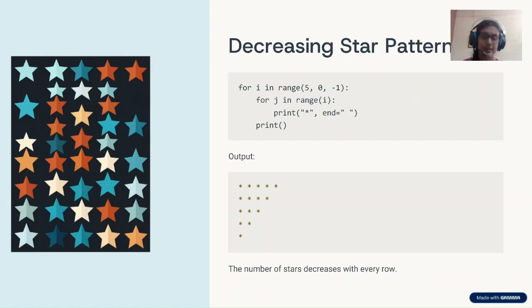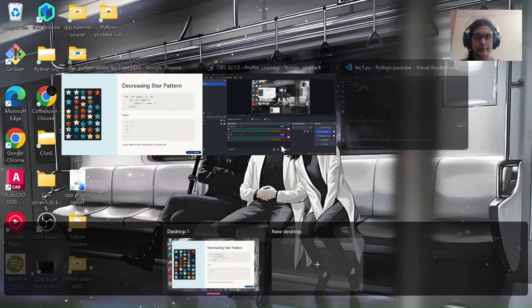From our previous lectures of range, we remember that we can use negative step as well, right? Negative step will basically decrease it, right? Our start is 5 and our stop is 0. Since it's negative step, it will be 5, then 4, 3, 2, 1 till it reaches 0, because 0 is the stop.